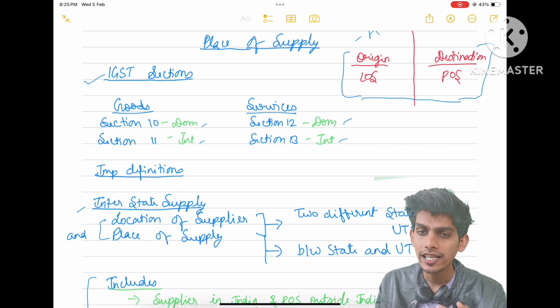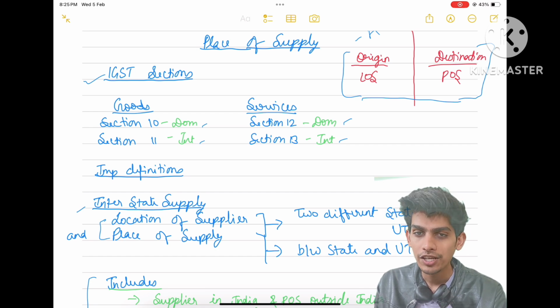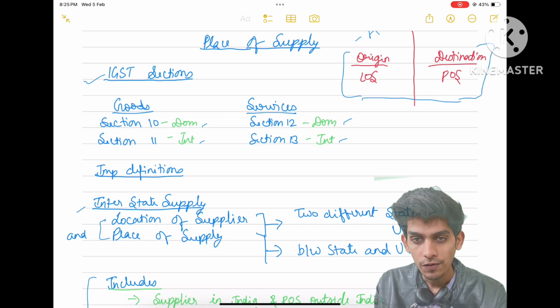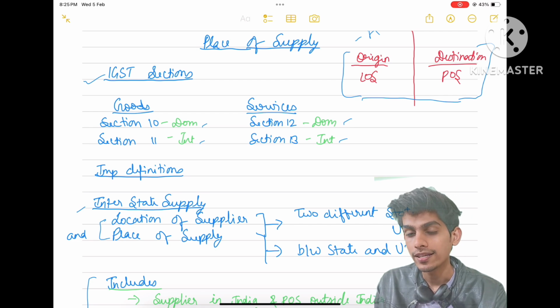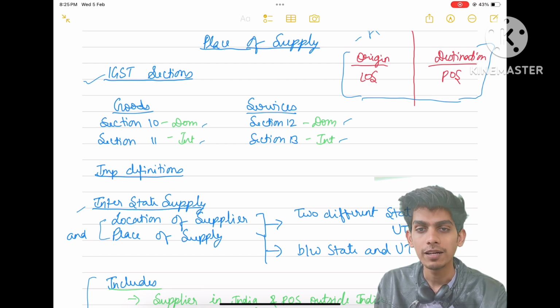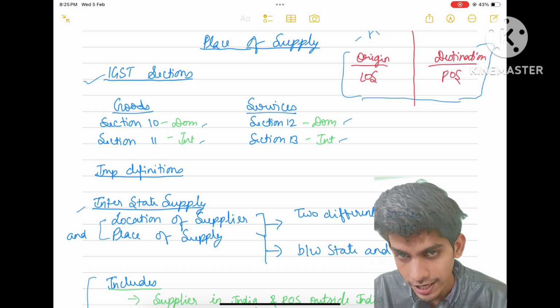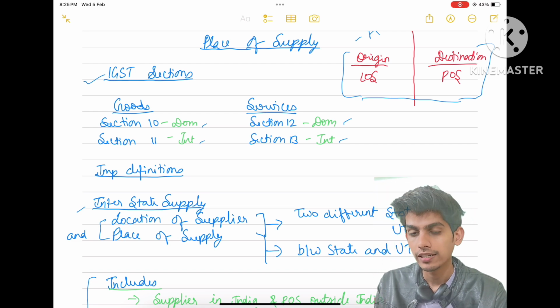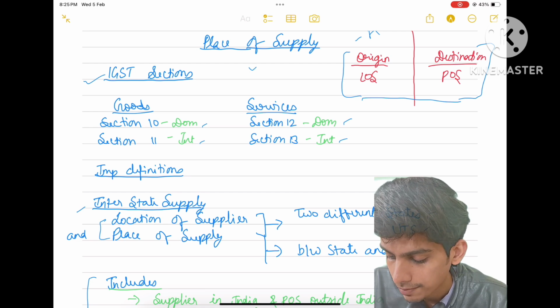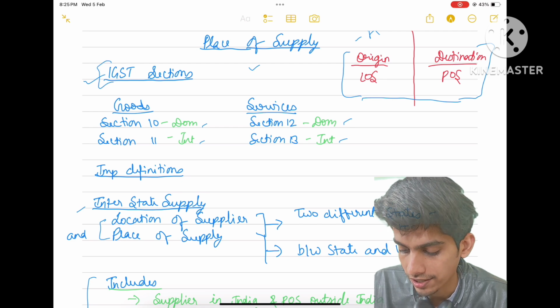So this chapter deals with the provisions relating to determination of place of supply, which will tell us whether IGST or CGST and SGST will be levied on that particular transaction. Every other chapter you will study uses CGST sections, but this chapter is based on IGST sections.